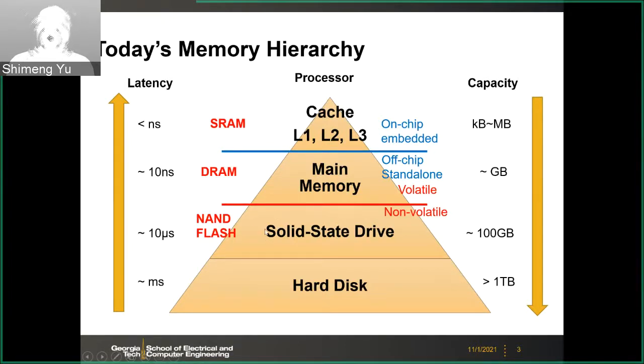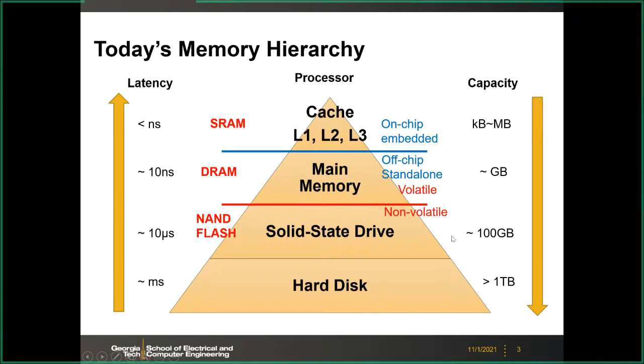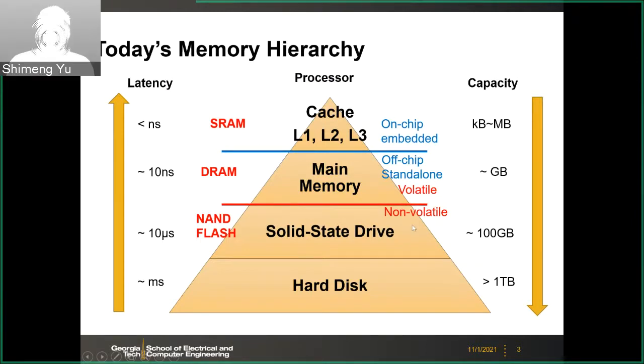And then the NAND flash, like your SSD, is non-volatile memory. This is much slower, like NAND flash read time or the programming time. Erase time is tens of microseconds to hundreds of microseconds, even milliseconds. But you can reach hundreds of gigabytes or even terabytes. And this is non-volatile memory for your data storage, right? But we do see the gaps between those levels in the hierarchy.